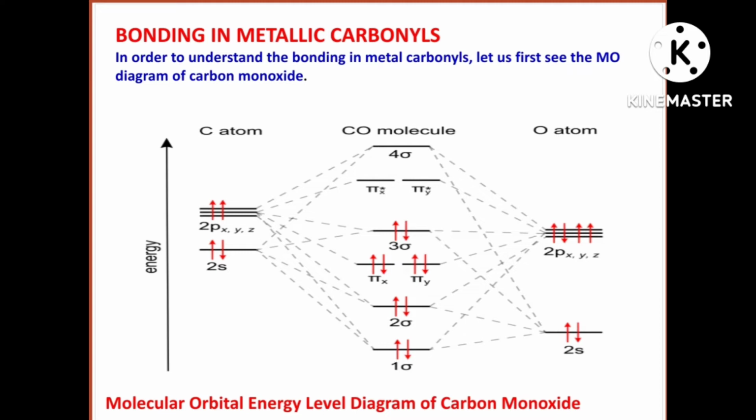In this picture, for convenience, the 4 sigma molecular orbitals are shown as 1 sigma, 2 sigma, 3 sigma and 4 sigma. 1 sigma and 2 sigma represent the bonding molecular sigma orbitals, whereas 3 sigma and 4 sigma represent the anti-bonding molecular sigma orbitals.